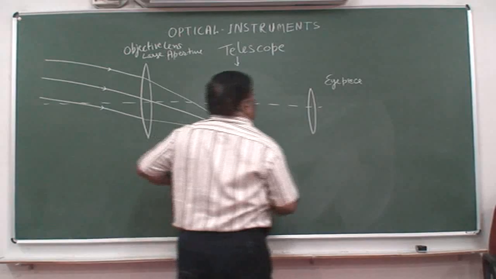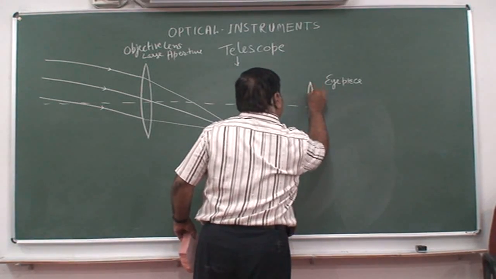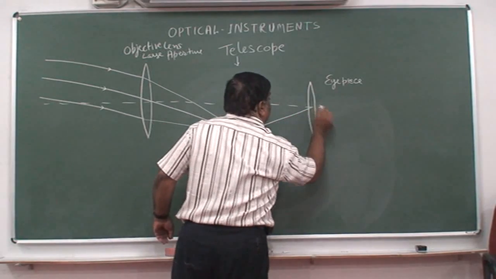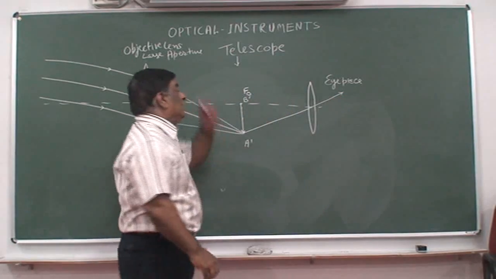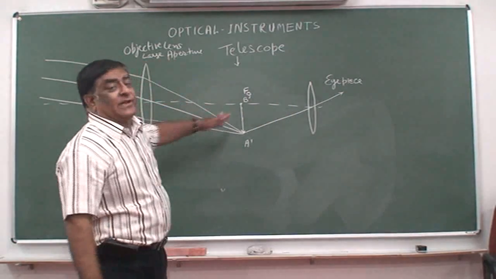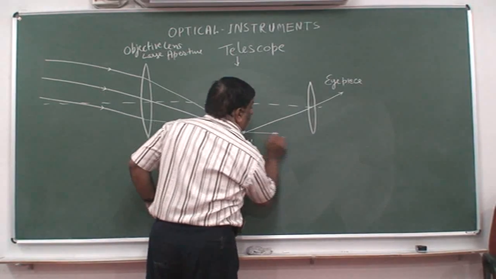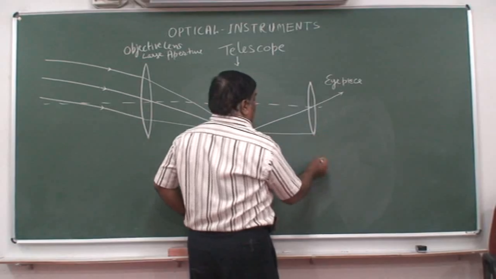When we observe this through the eyepiece, the ray which goes through the optical center goes straight without any refraction, without any deviation. The other one which goes parallel will pass through the focus after refraction.